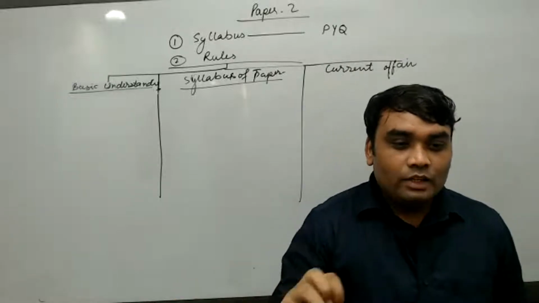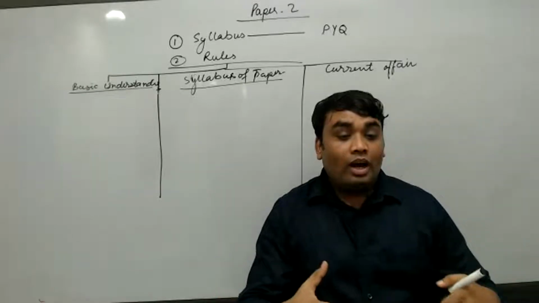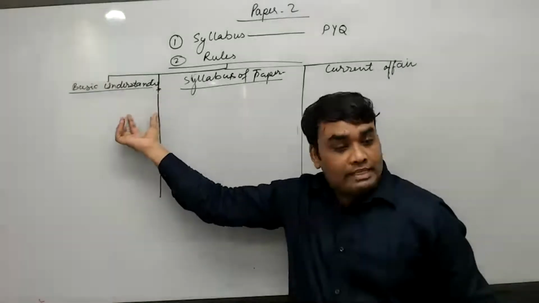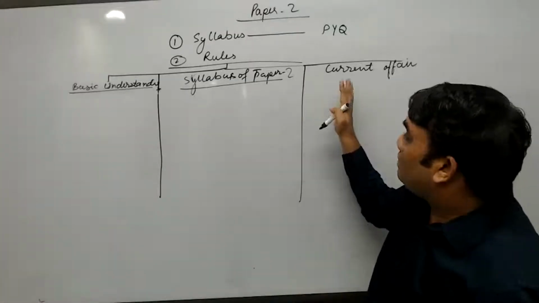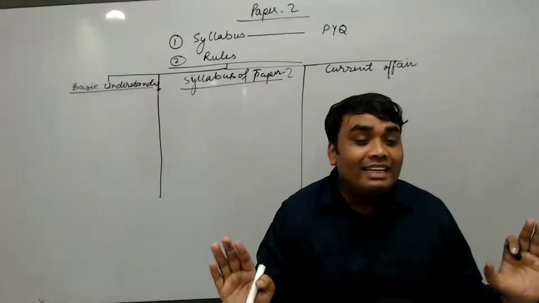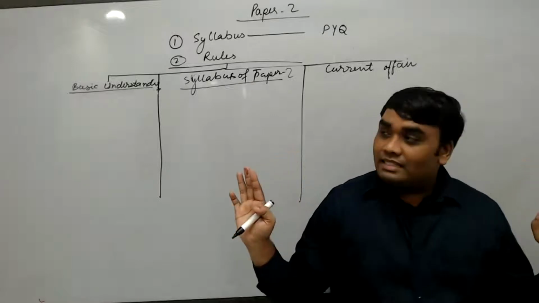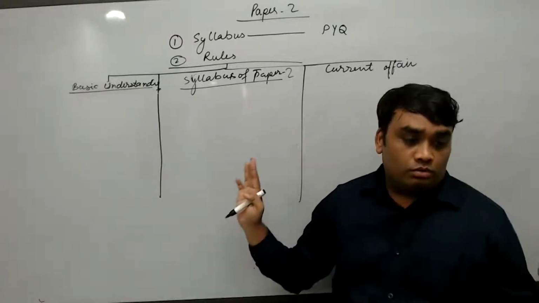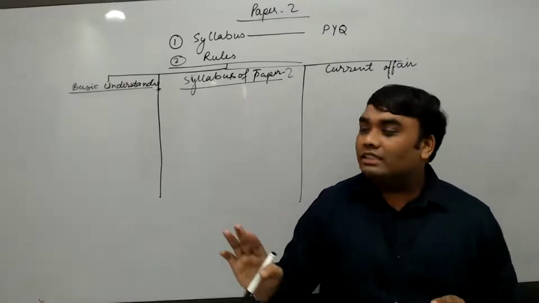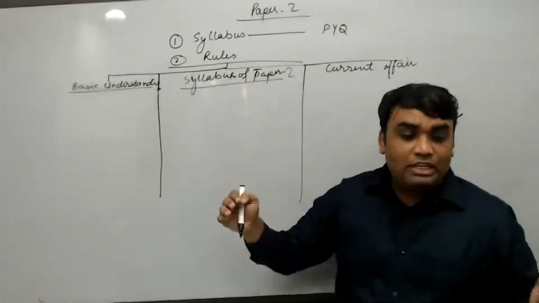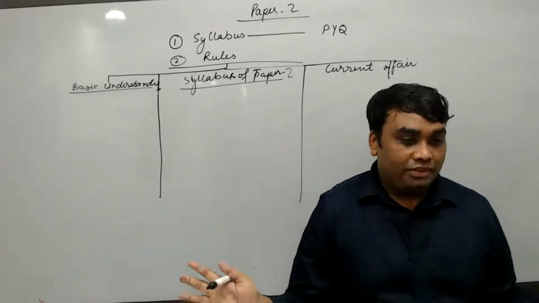Getting my points? When you have a good understanding of the basics, the topics of paper 2, and current affairs, you can easily write the answers of paper 2. The nature of paper 2 answers is not based only on completing the syllabus, which would not be sufficient.